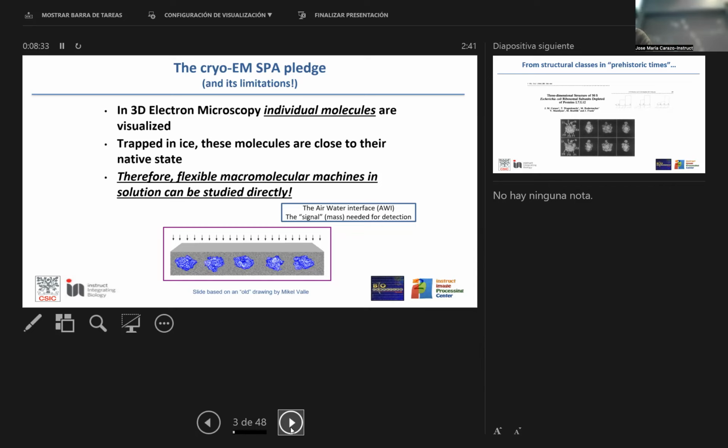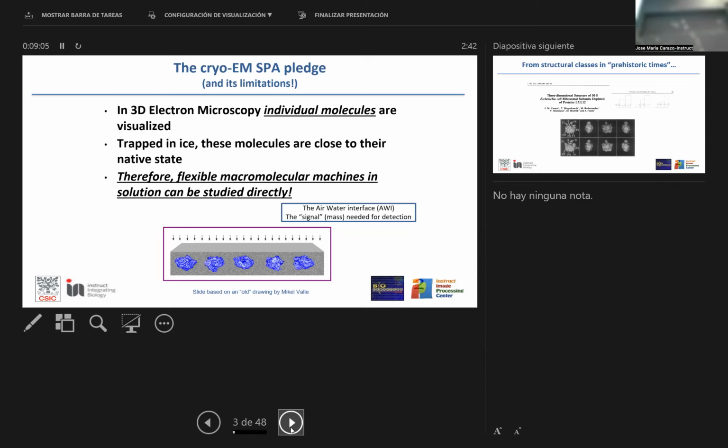The reality is a little bit more complex than that, and we have things called the air-water interface, which are these interfaces between the ice and the vacuum or whatever you have put there. These interfaces are really very complicated to understand, but they may induce preferred orientation, they may induce denaturation of proteins.